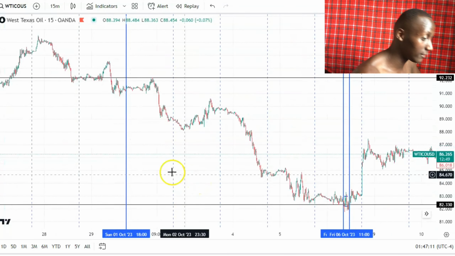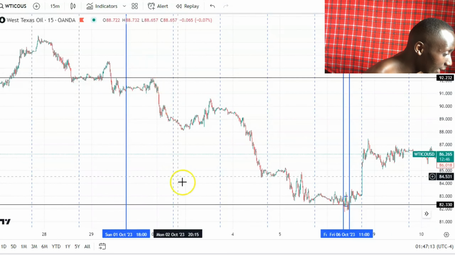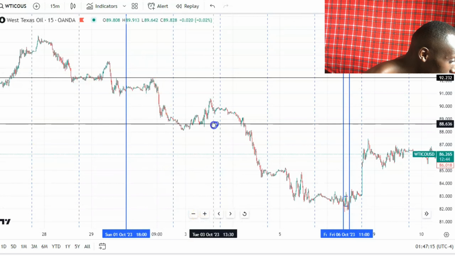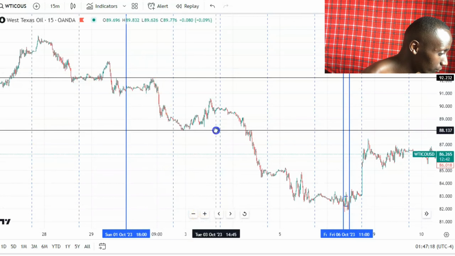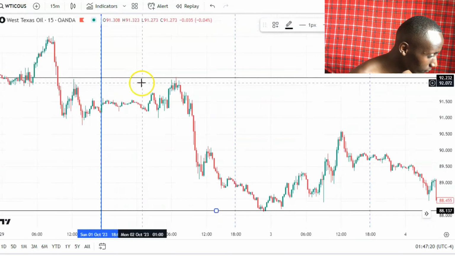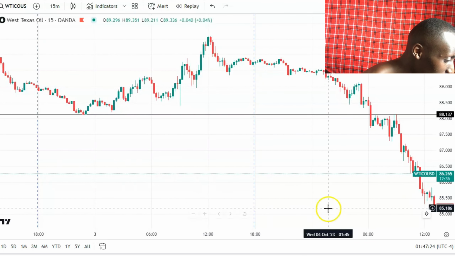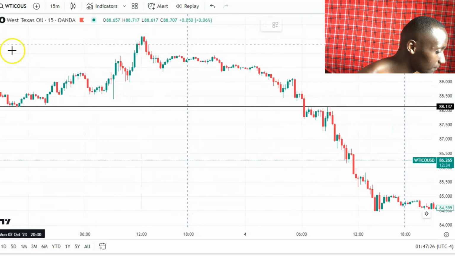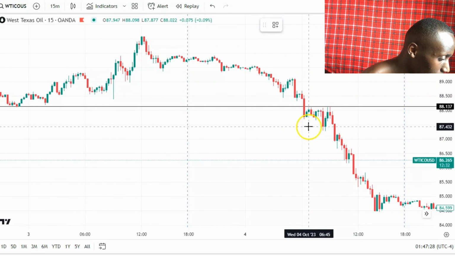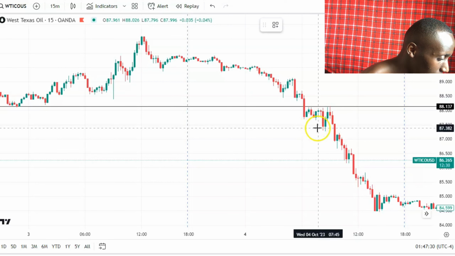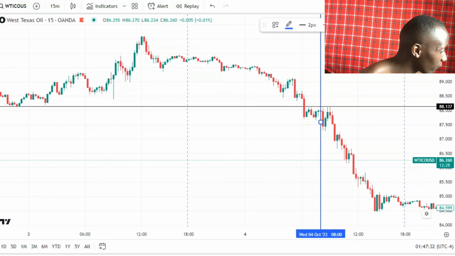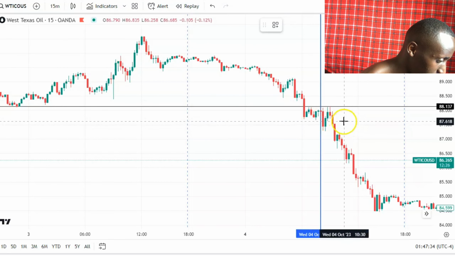As you can see, Monday sets the high and Tuesday sets the low. Alright, so on Wednesday, what I do is I just look for 8 to 11.